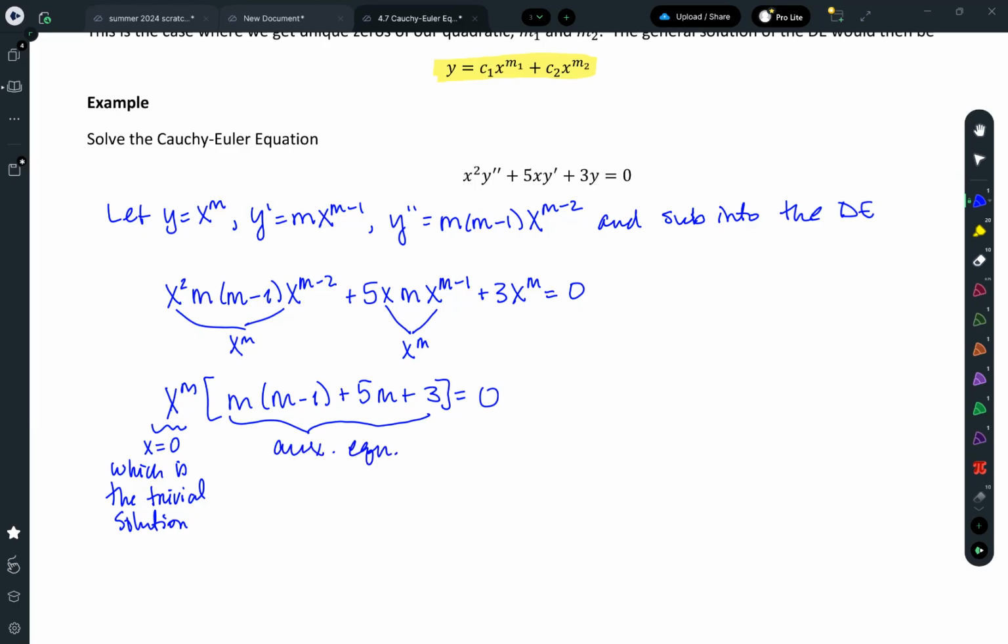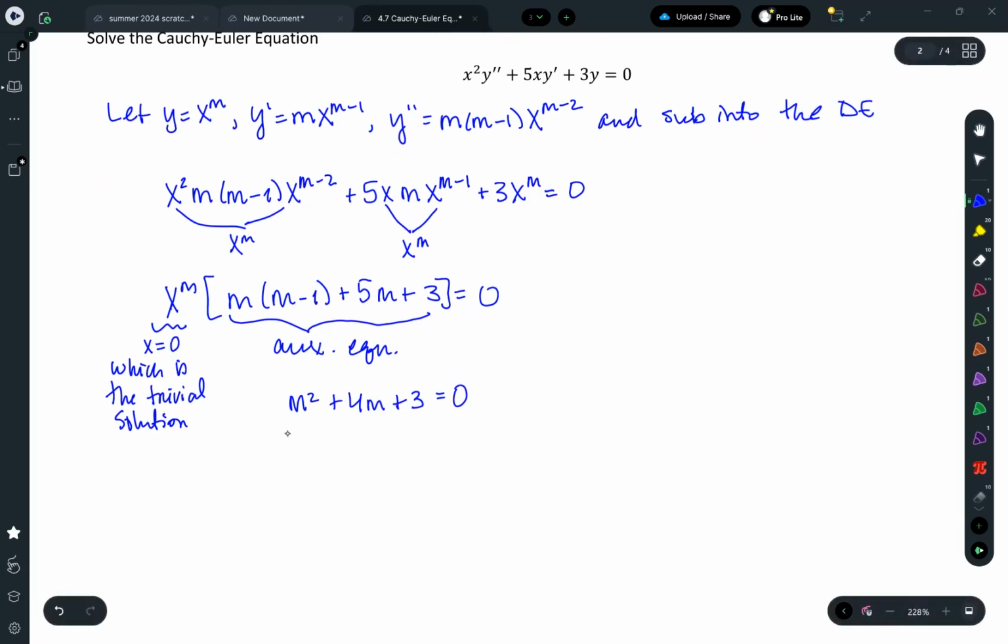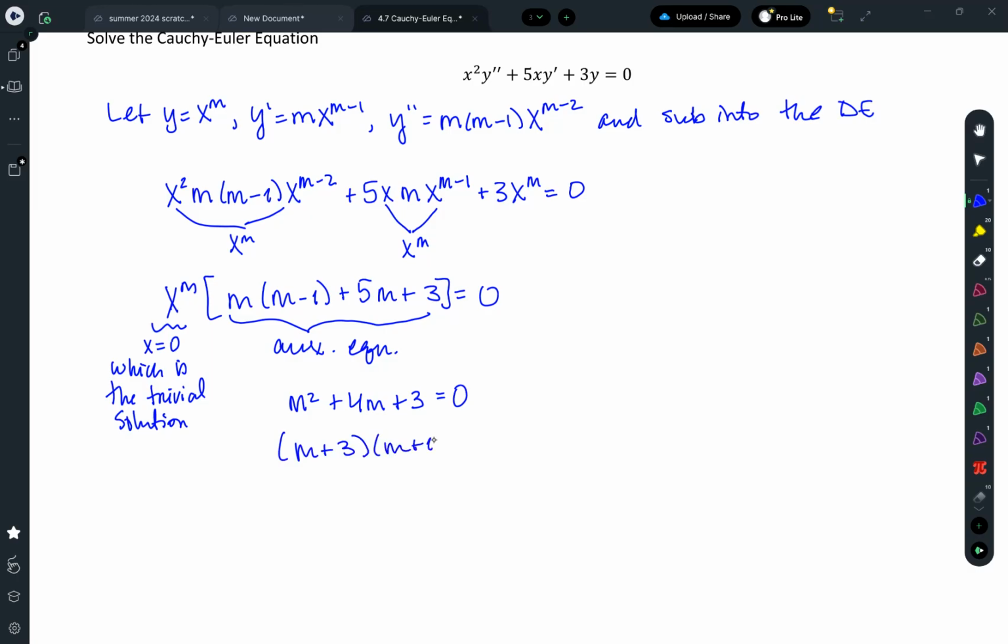If I distribute and combine like terms, it is m squared minus m plus 5m plus 3, which is m squared plus 4m plus 3. That's equal to 0. Well, this factors easily without me having to memorize what that form up above was. It's just m plus 3 times m plus 1.